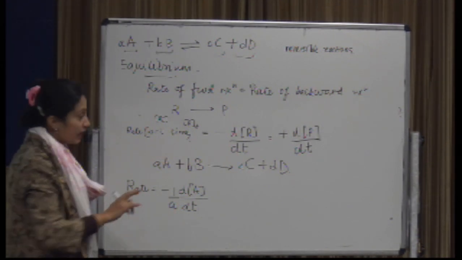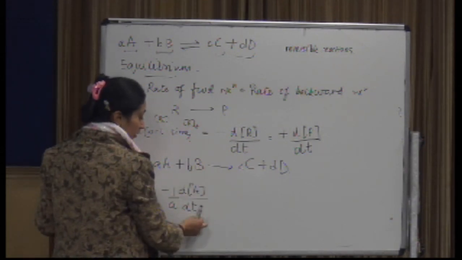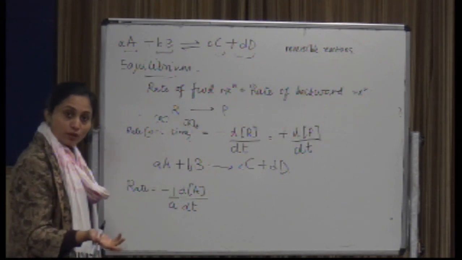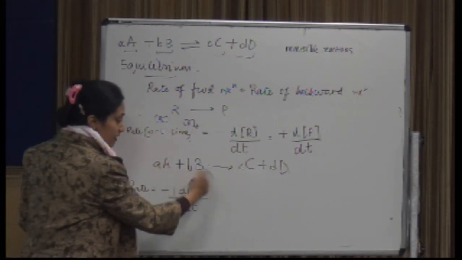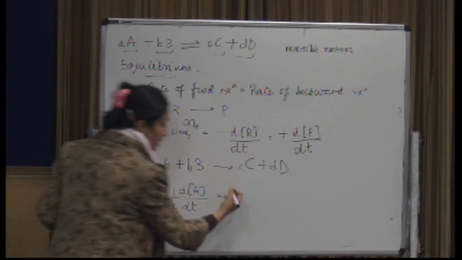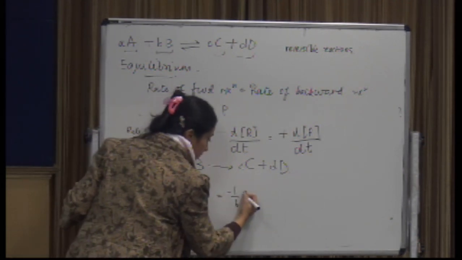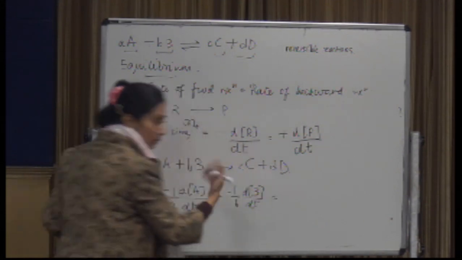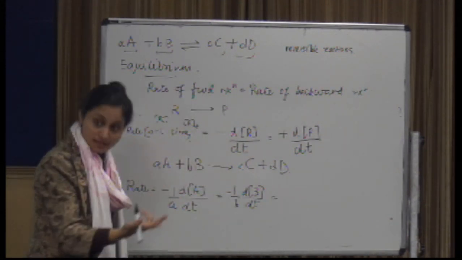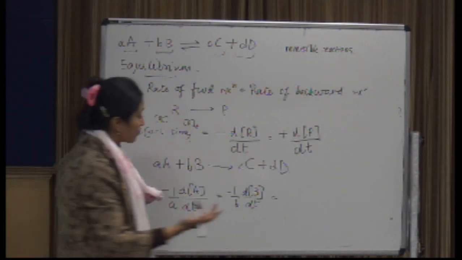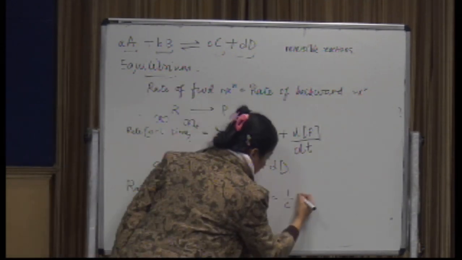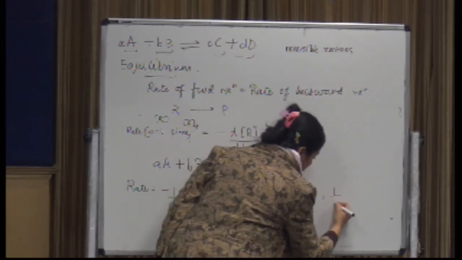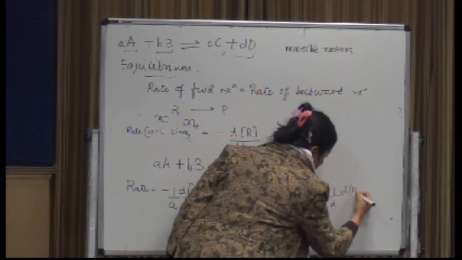Clear with that? Each of these expressions that I have written will be divided by their respective stoichiometric coefficients. So now what about B? It is also a reactant. It will be minus 1 by b d[B] by dt, and what about the products? Now it will be plus, since products are getting formed in the reaction, for C and D. Now write it down quickly. You should also be able to write it down in your own words.